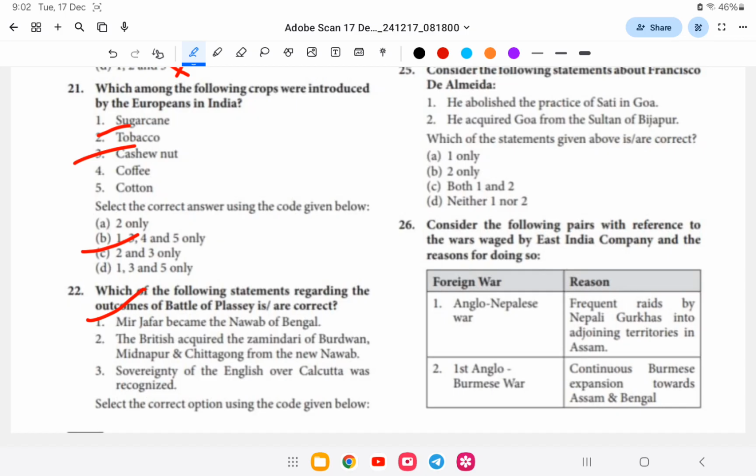Midnapur and Chittagong from the new Nawab. So option 2 is correct, that is the Parganas were put under British taxation. And 3 is wrong, as the sovereignty of the English over Calcutta was recognized.